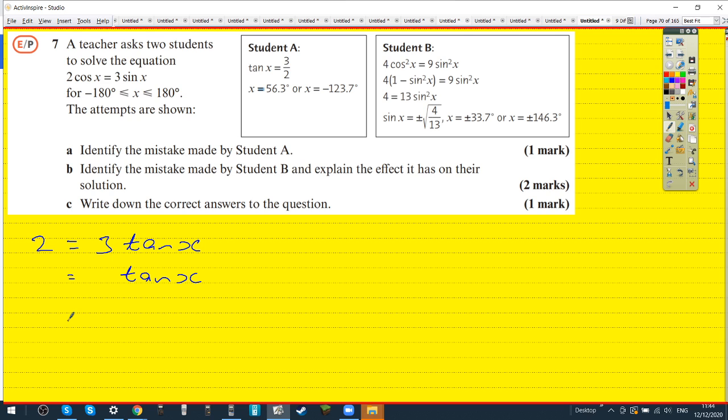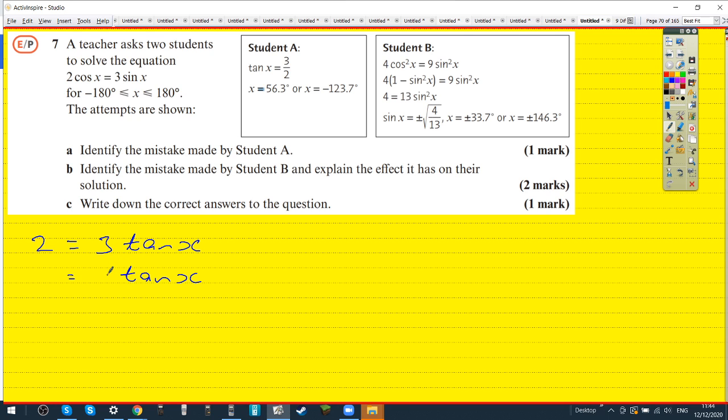We don't know what x is though. Like rearrange. Can you just minus or divide by x on both sides? We're trying to get rid of not x, trying to get rid of the 3. So it'd just be minus 3 on both sides? No. 2 equals 3 times tan x.